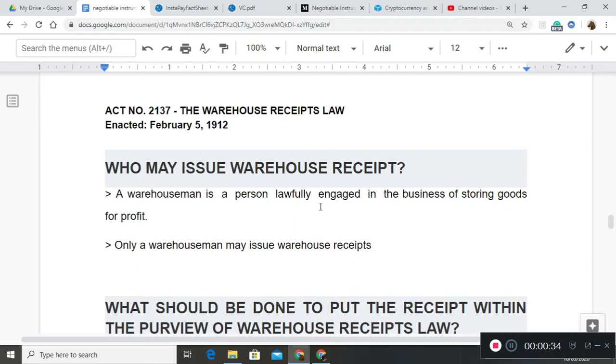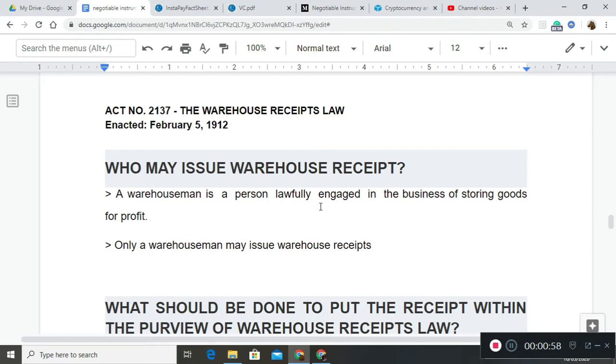So a warehouse receipt is a form of document of title which is actually what is being issued by a warehouseman to evidence that the person in possession of the warehouse receipt is entitled to receive the goods being kept by a warehouseman.